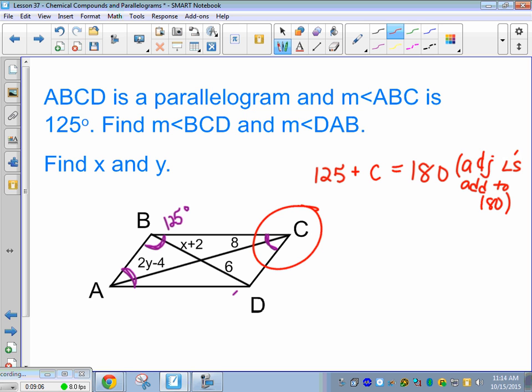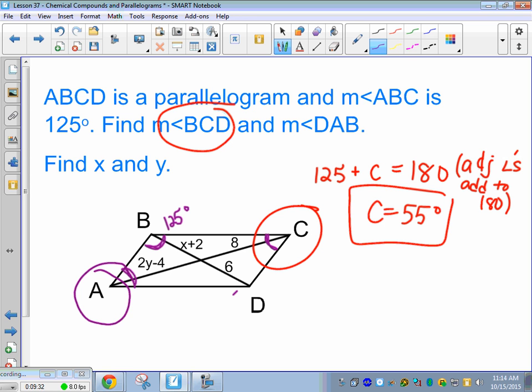We don't have a shortcut for it, sorry. You have to write that really fun sentence. You can use little symbols and stuff. Okay? Adjacent angles add to 180. So subtract from both sides, and we get that C is 55 degrees. And angle C is the same as BCD, right? That's the same angle.